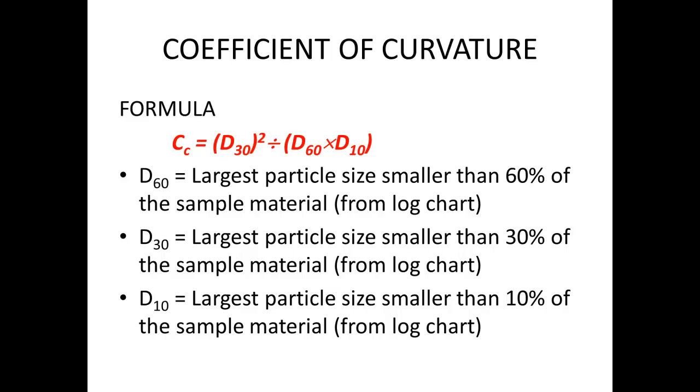The formula for the coefficient of curvature is D30 squared divided by the product of D60 and D10, where D60 and D10 were previously defined, and D30 represents the largest particle size you can read off your log chart that is smaller than 30% of the sample material. Confused? Don't worry, we'll work on an example together.